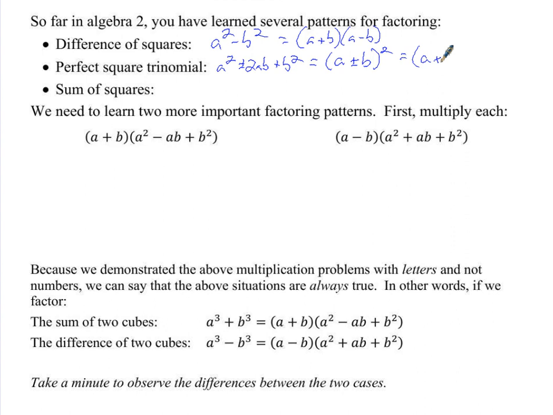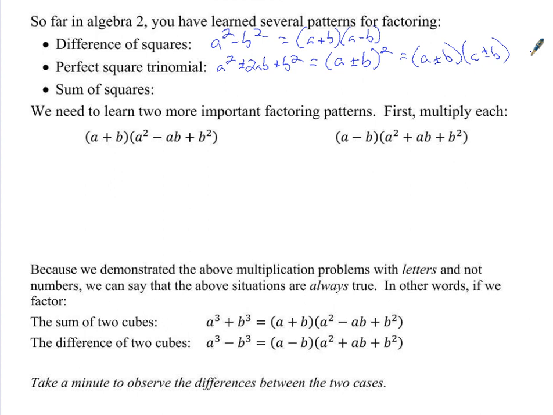I can write that as a plus or minus b times a plus or minus b. So if I saw a positive sign there, it would be a plus and a plus and a plus. If I saw a negative sign there, I'd see a minus sign here, it'd be a minus b squared, or I could write it as a minus b times a minus b.